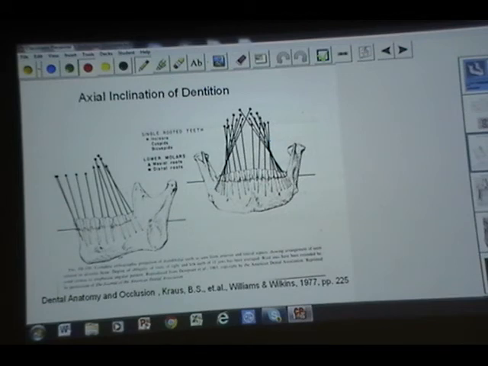Okay, that's from a physics type of perspective, where the force is going through the roof of the maxilla.